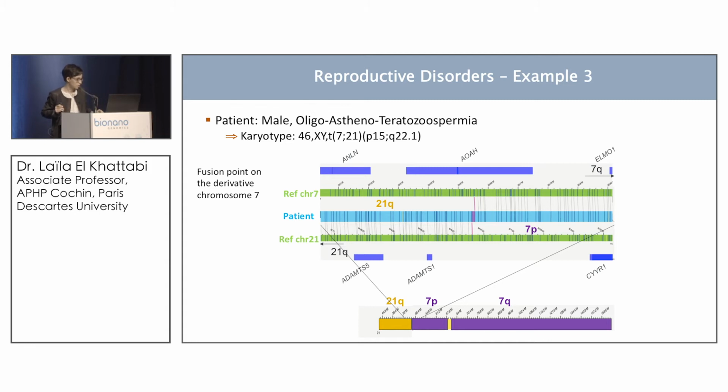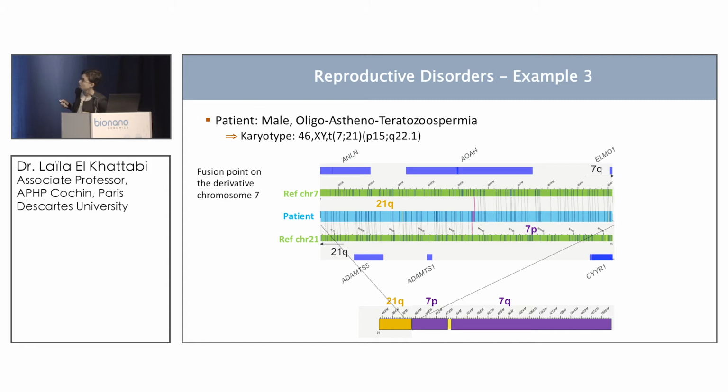So these are the results from Bionano. As explained before, the blue map is the patient's map. Above you have the reference chromosome 7 map, and below, reference chromosome 21. As you can see here, you get a perfect match between your patient and this part of chromosome 21, 21q.